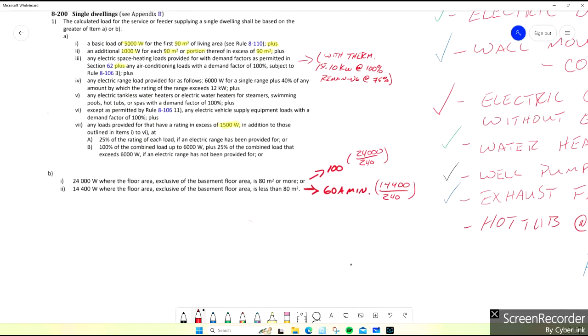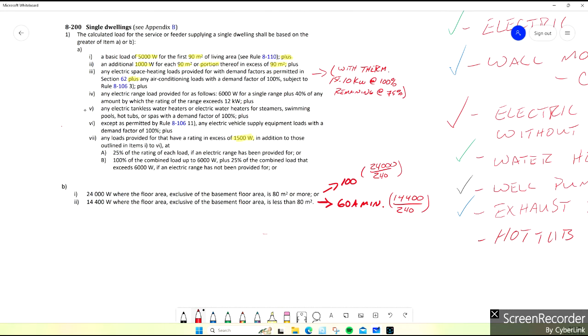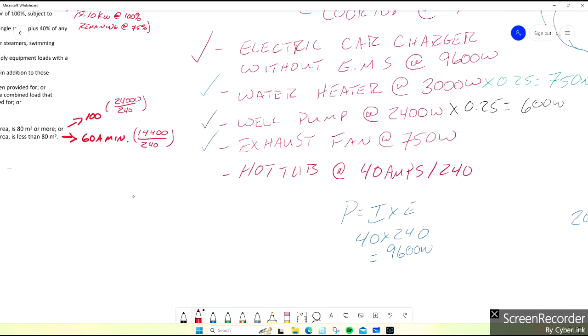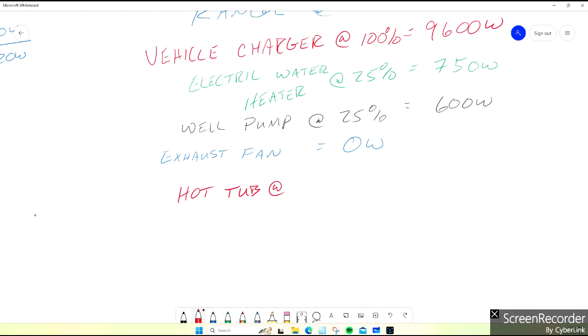It's got water heaters in it, right? And when you look at the rule here, item 5, any electric tankless water heaters or electric water heaters for steamers, swimming pools, hot tubs, or spas, you take it at 100%. So we worked out 9600 watts. Therefore, our hot tub at 100% equals 9600 watts.